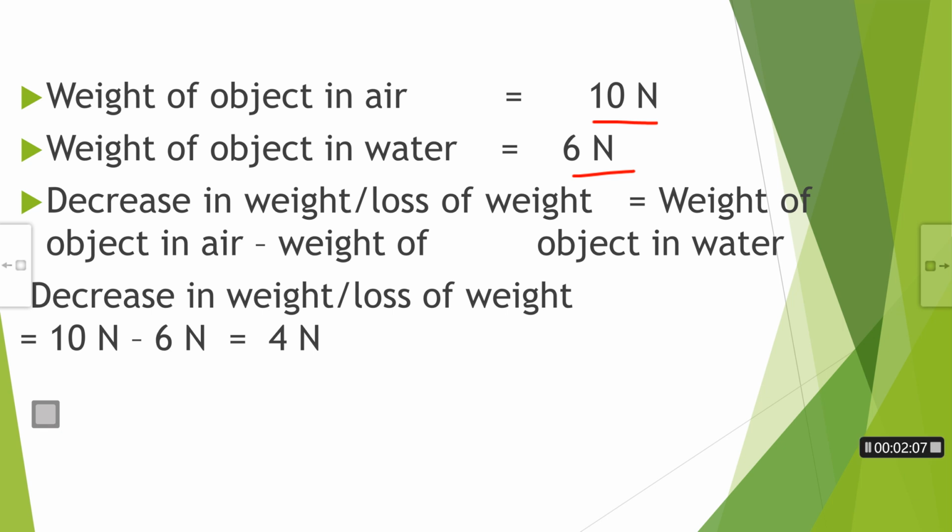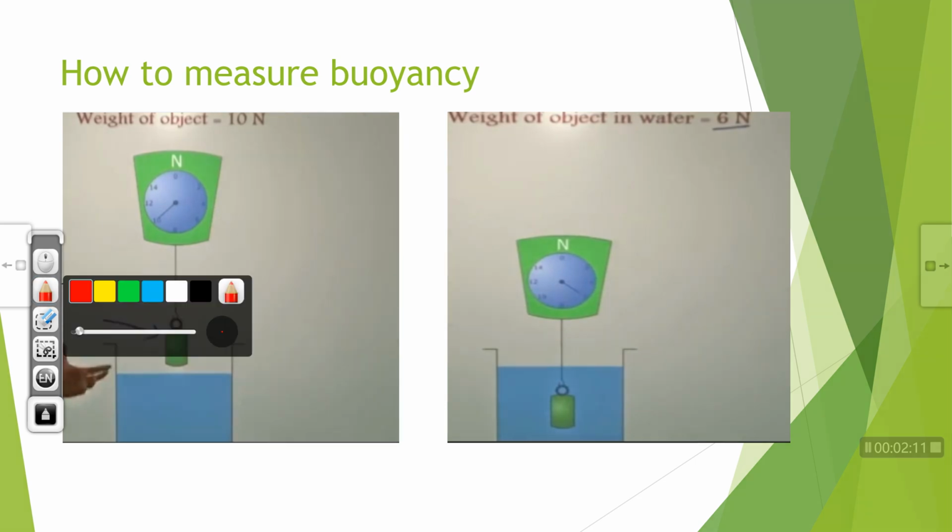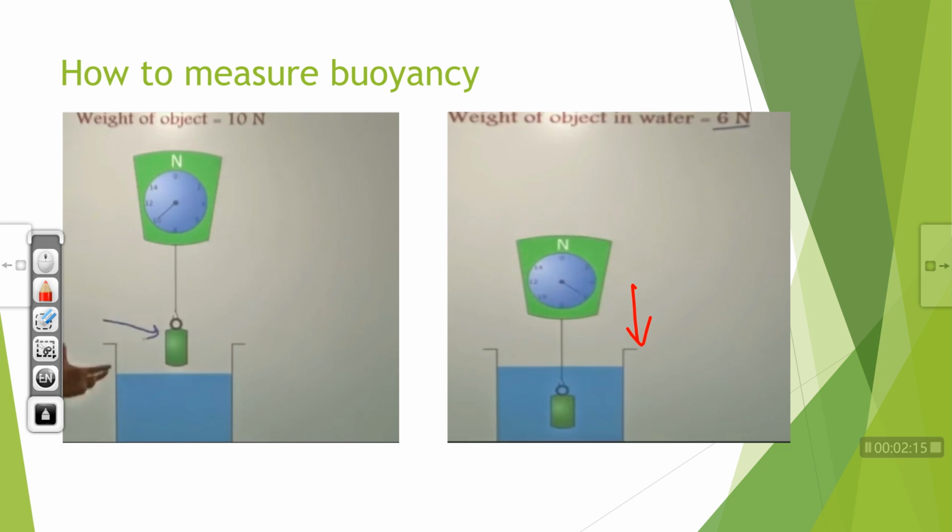Now, this loss in weight occurs. We know that the weight of the objects acts in downward direction. Now, if there is a loss in weight, it means that there is some sort of upward force to balance the downward force. So, that upward force is buoyancy.